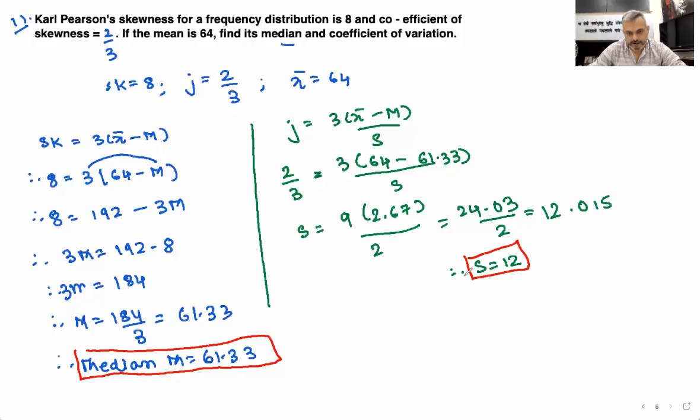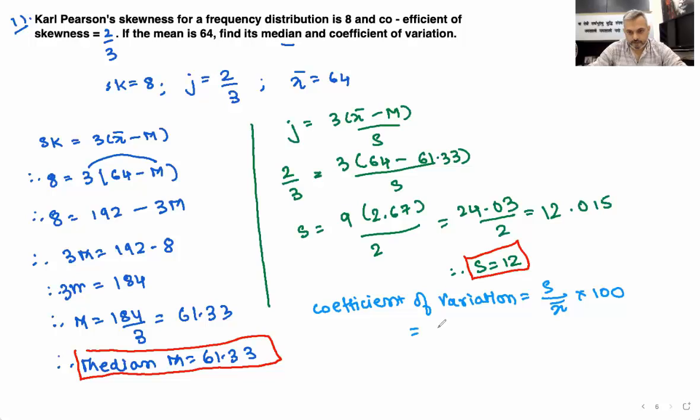Now we have standard deviation. Now we have mean. So let's find out coefficient of variation. So coefficient of variation is equal to standard deviation upon mean into 100.